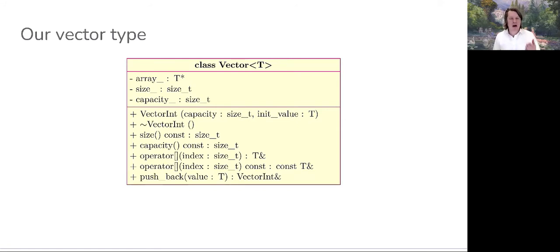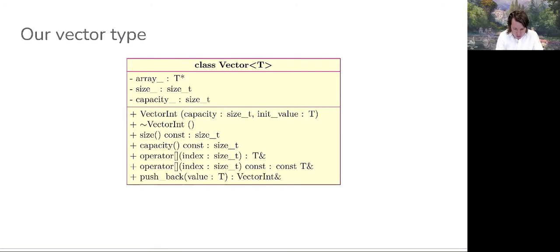We said that a great location to grab that resource, that dynamically allocated block of contiguous elements of type T, would be in the constructor. And we said that it was a no-no to use calls of new within the initializer list. So the body of our constructor looked like this.